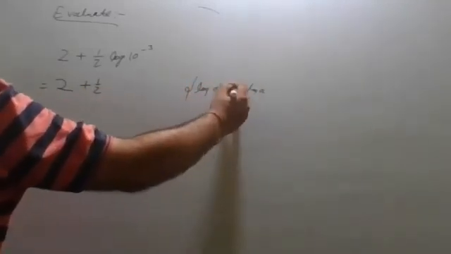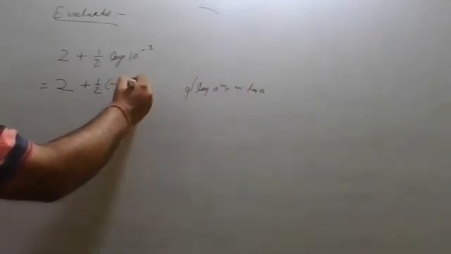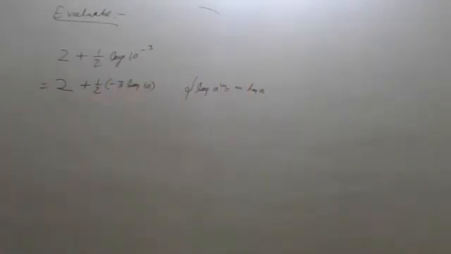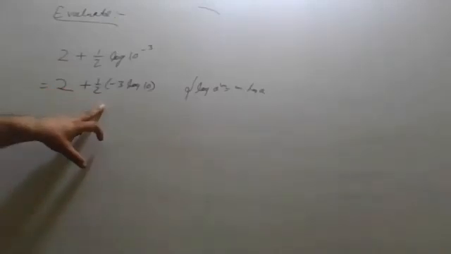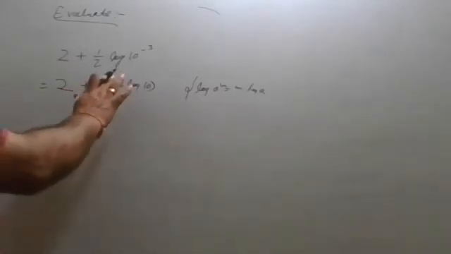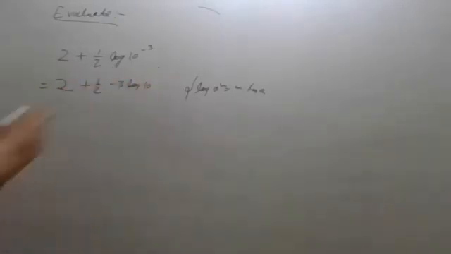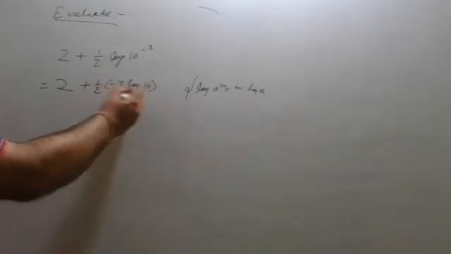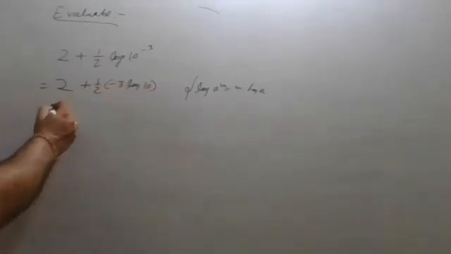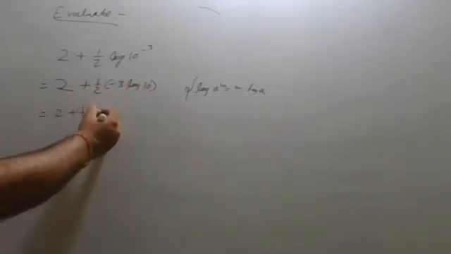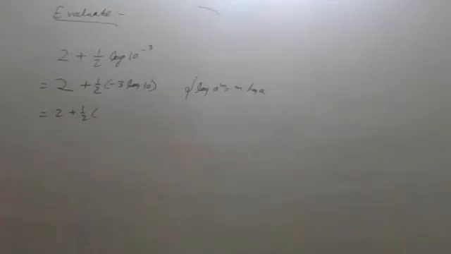So, and whenever you multiply, apply the bracket. Don't write it like this. It appears that you are subtracting minus 3 log 10. So apply bracket. It means minus 3 log 10 will be multiplied to half. So it is 2 plus half into what?